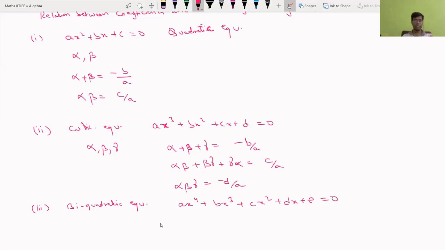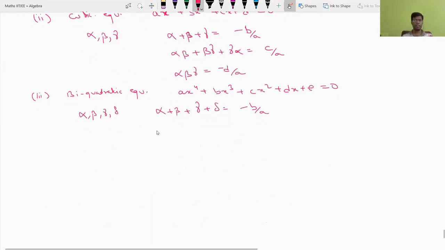So in this case, again, say alpha, beta, gamma, and delta are the roots. So alpha plus beta plus gamma plus delta is equal to minus b by a. And if we take 2 times the roots and then take sum, so I'm writing it as sigma alpha beta. Okay, so sum of the roots taken 2 at a time. So this will be c by a.